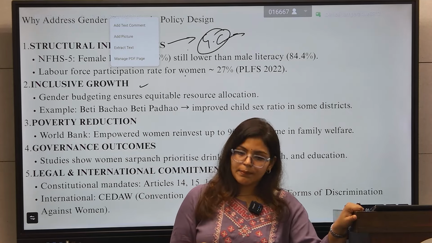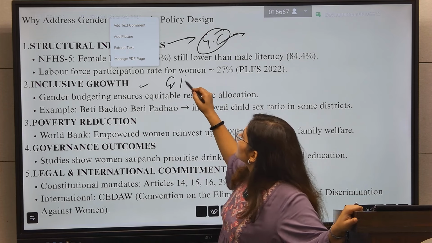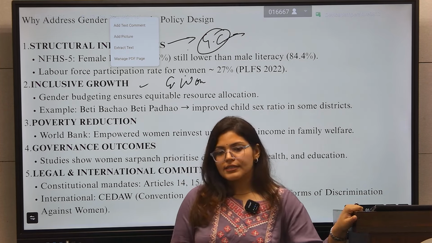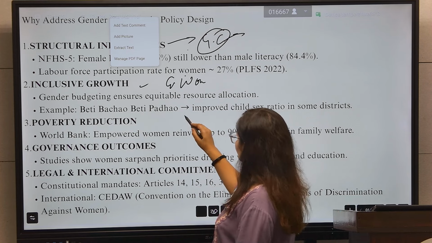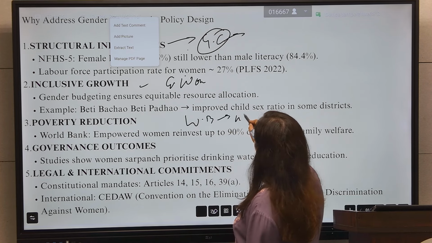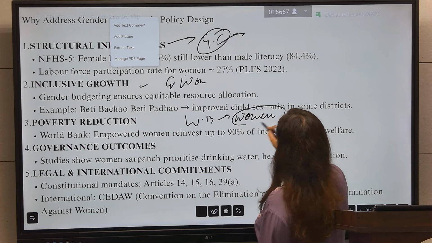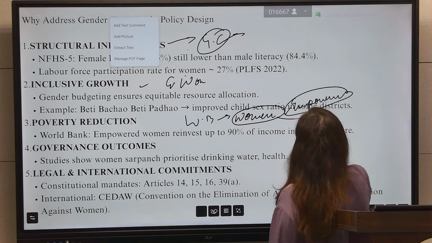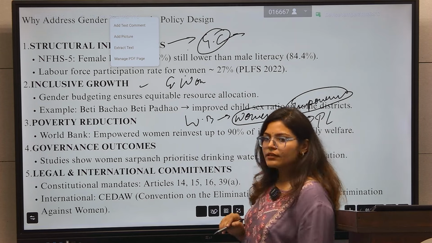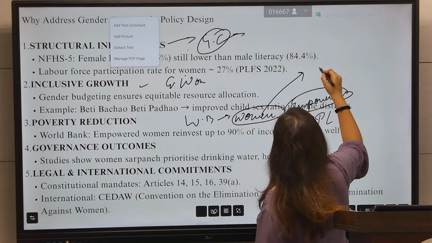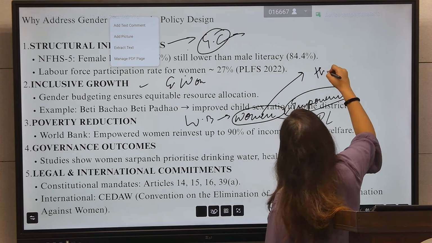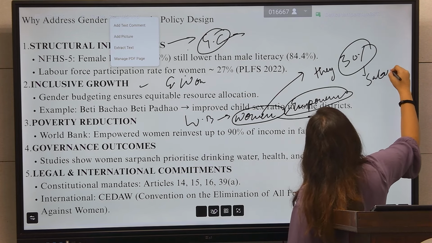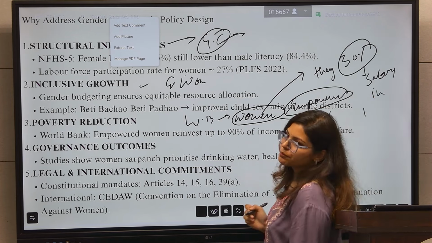If the women are empowered, if women's concerns are taken into account in policy implementation or policy design, then according to the World Bank, if women are empowered and participating in the workforce, they use 30% of their salary in welfare programs.